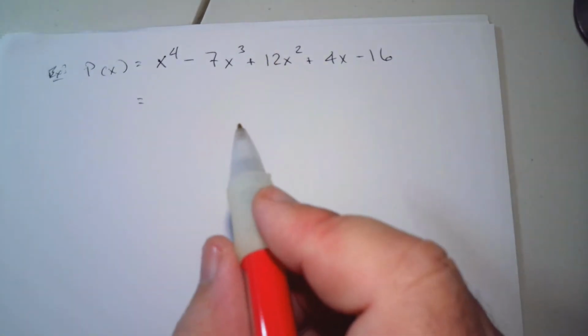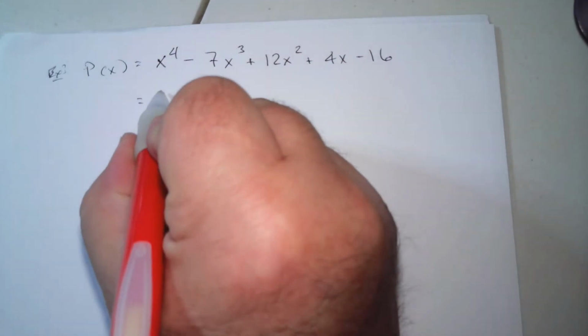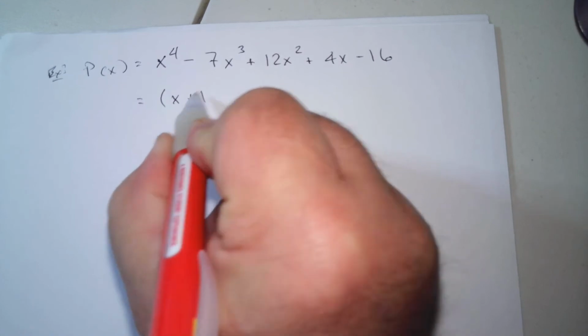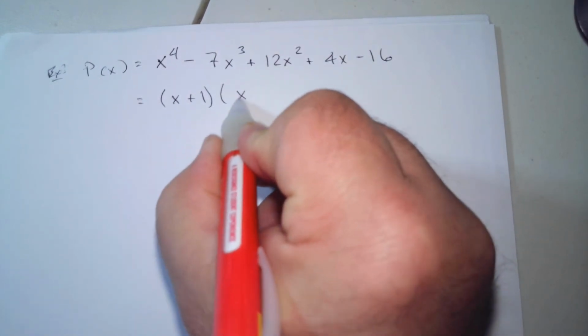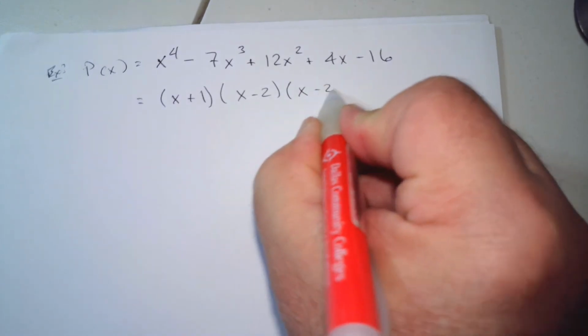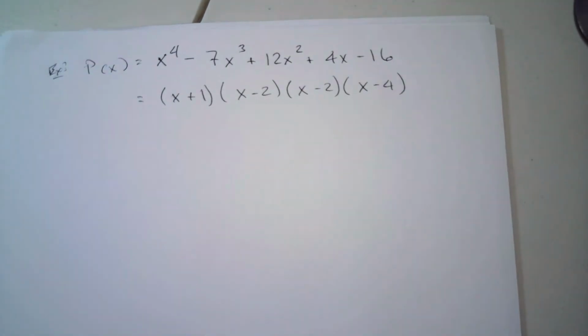But next class, we're going to learn how to do it ourselves. So we have x plus 1, x minus 2, x minus 2, x minus 4. So that's the complete factorization of that polynomial.